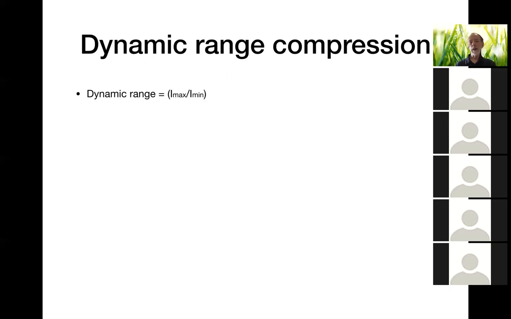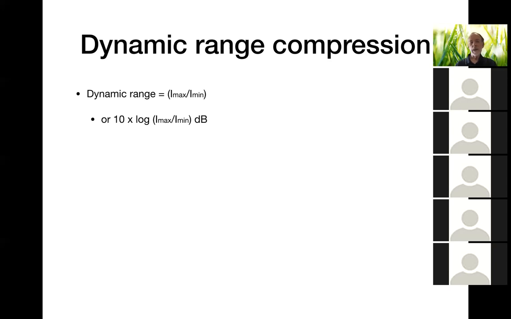So dynamic range simply refers to the range of echo strengths from the strongest to the weakest. And the weakest is generally the lowest, weakest echo that the machine is capable of detecting. And so we have a ratio that I've shown here, the intensity of the strongest echo divided by the intensity of the weakest echo. And that's what we call the dynamic range.